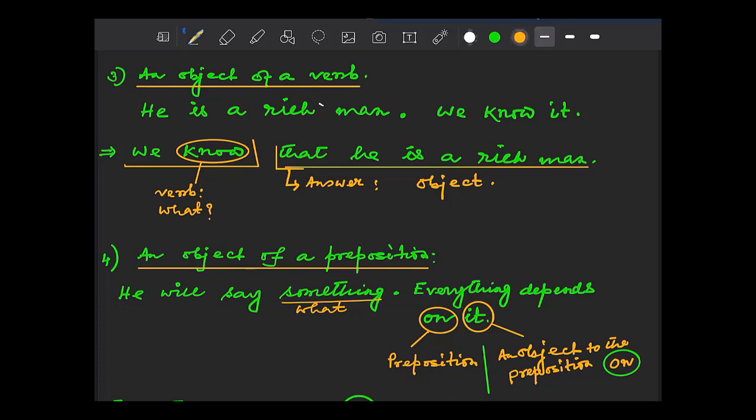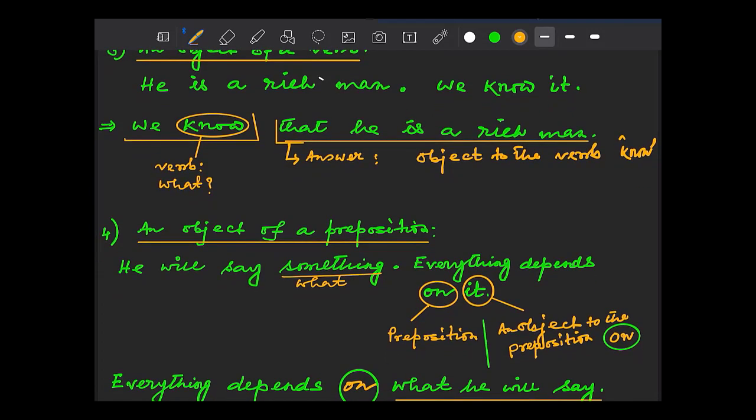So here we ask the verb know a question: what we know? The answer is that he is a rich man. So that he is a rich man is an object to the verb know. Okay, this is how a noun clause is used as an object to a verb.